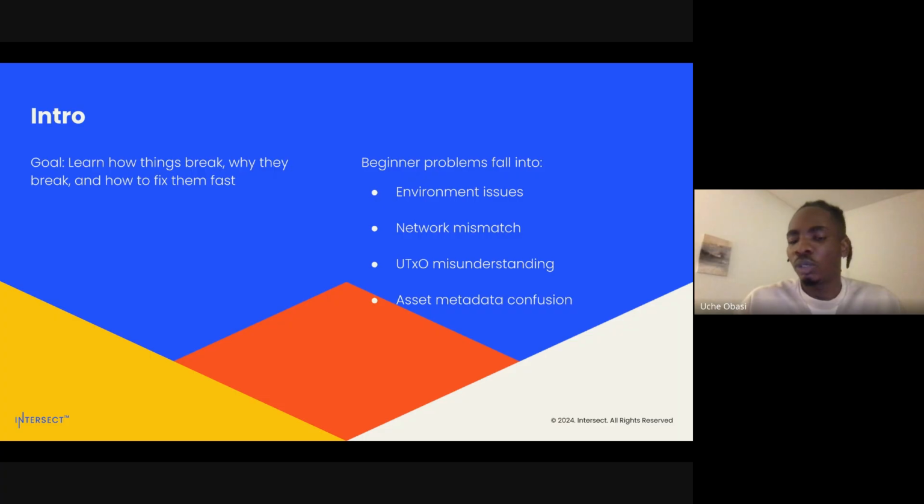There is also the network mismatch. Then there's UTXO misunderstanding, and then there are things like metadata confusion. Some of these beginner problems we will touch on in this course, but the general idea is I want you to be able to see or spot an issue and understand what the issue is, and then push a fix.